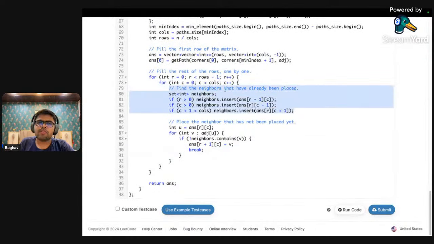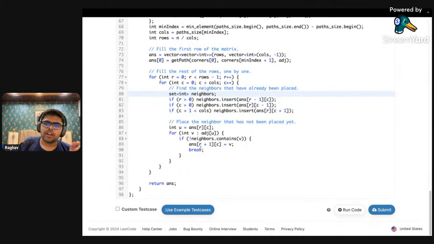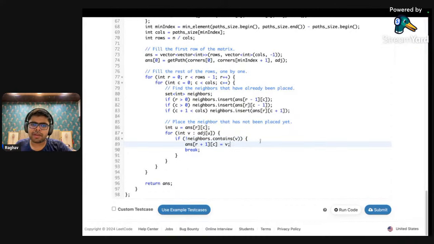I am first of all finding all the neighbors which I've already placed and storing them inside a set, and then for all the neighbors which I have, I am checking if there is any neighbor which is not placed, then just place it.